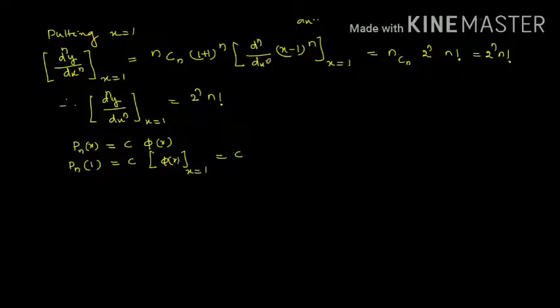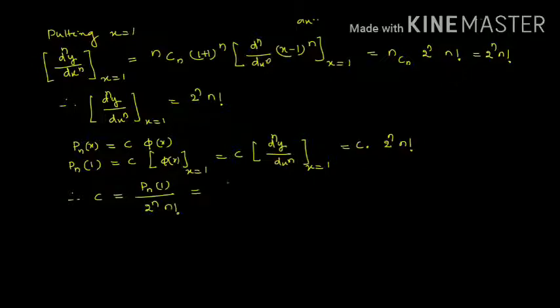So this is c into d^n y by dx^n at x equal to 1, so this is c into 2^n factorial n. From this we get c. Therefore c is equal to Pn of 1 divided by 2^n factorial n. Pn of 1 is 1, so c is 1 divided by 2^n factorial n.